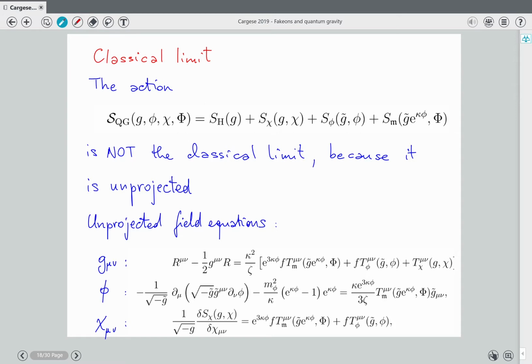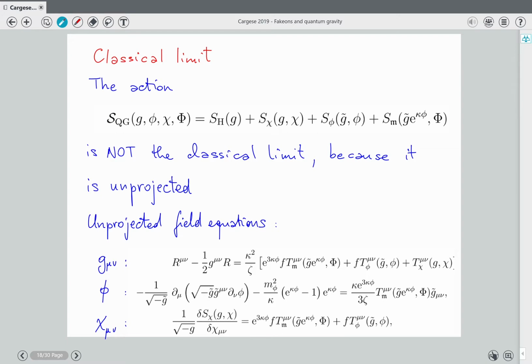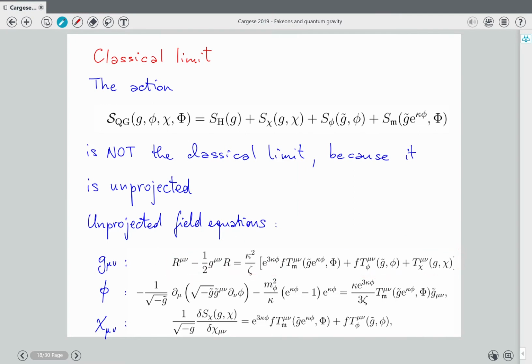Here, I call it interim classical action because the classical action will be reached only after the quantization. You go backwards and you classicize your quantum theory, and you will know what to project away and how. So you will have your unprojected field equations for the 3 fields. You will have to solve the equation for the fake field, chi mu or both, and insert the solution into the other equations. That's what you have to do.